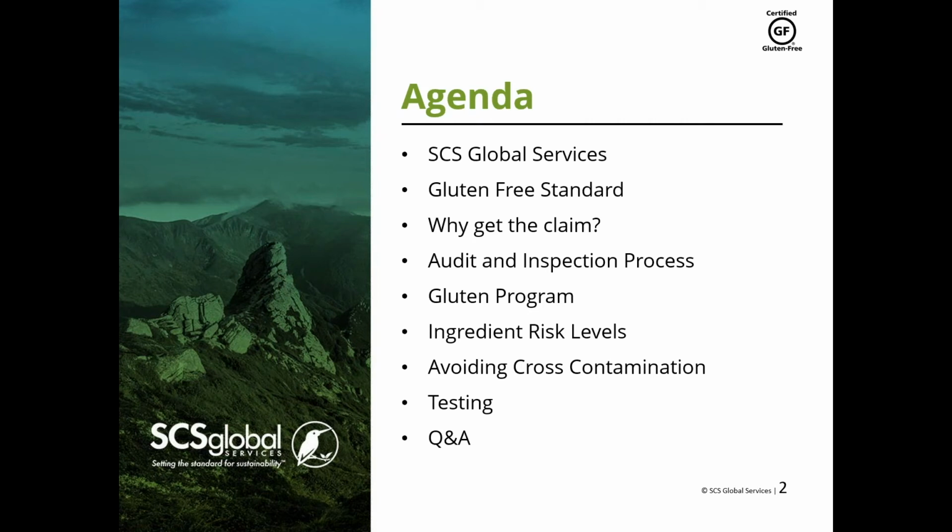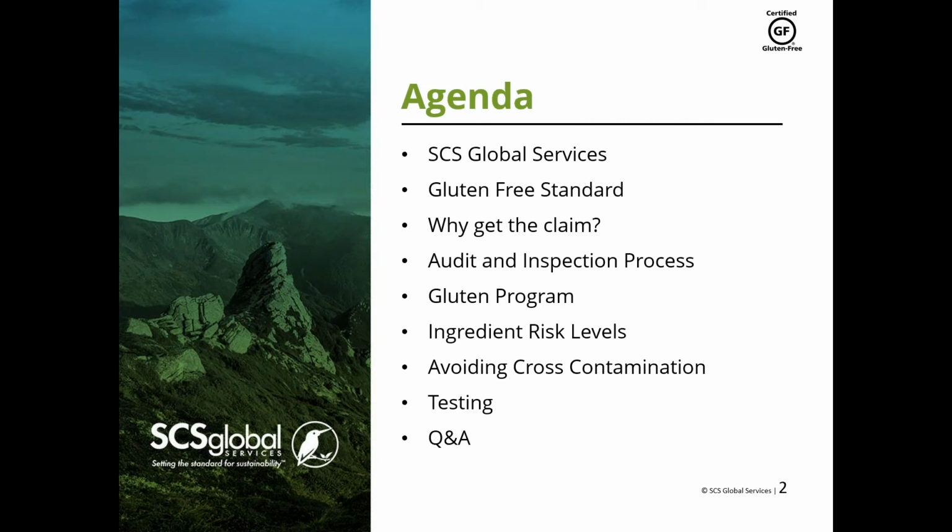I'll also provide some information about the actual gluten program and the difference between a gluten program and an allergen control program. Then I'll explain some information about ingredient risk levels, and I'll review the definitions of risk levels with you and provide some examples.